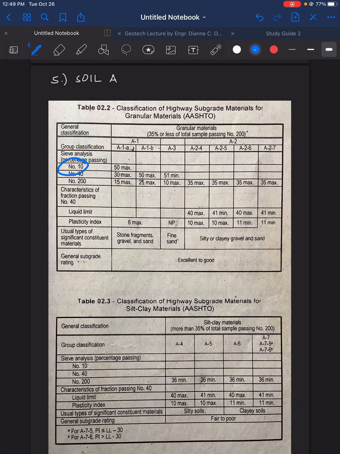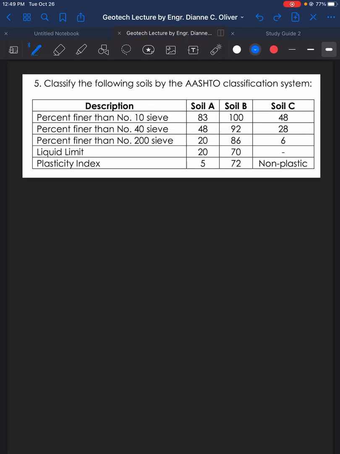So if it is 83% for number 10, is the criteria here accurate? 50% max? The answer here is wrong. Okay, so let's use the red one, X. So it's in this portion here, A-1-B.